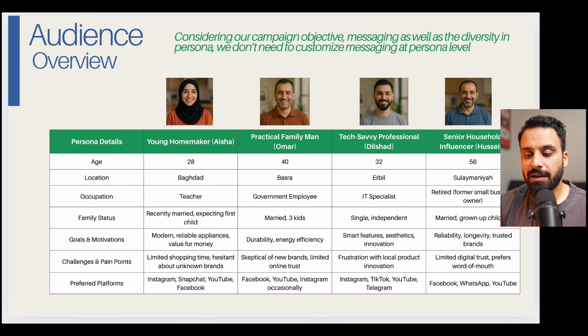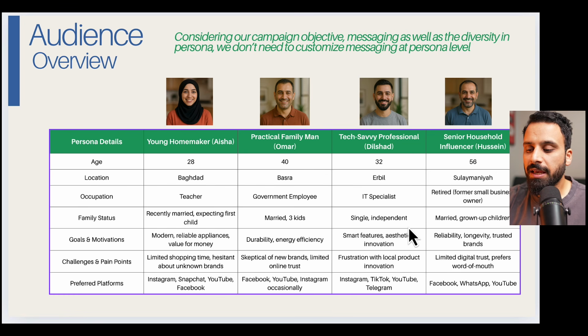The basic idea about the persona came from ChatGPT. I asked, okay, this is the company, this is what they want to do, give me the persona. Now what I'm saying is basically in a market like UAE, for example, there are different types of segmentation. For example, based on nationality, there are people from multiple nationalities and they have different preferences, and the persona becomes different. The messaging has to be different.